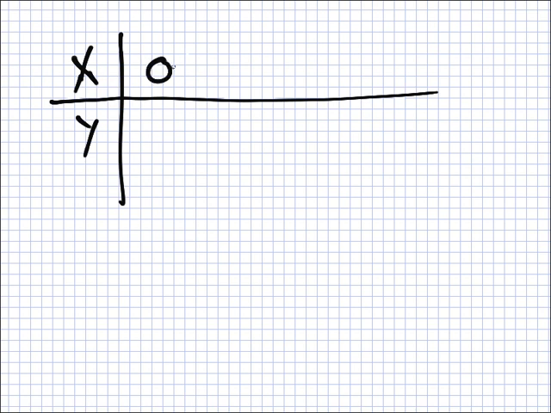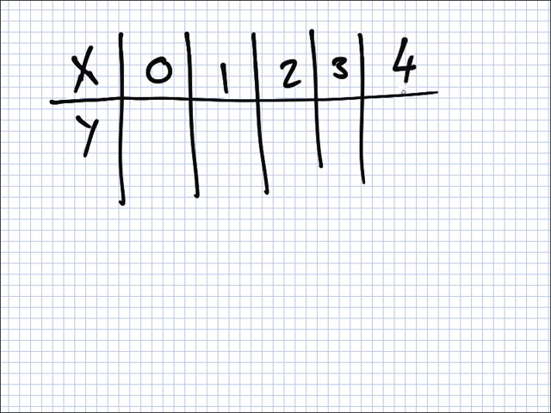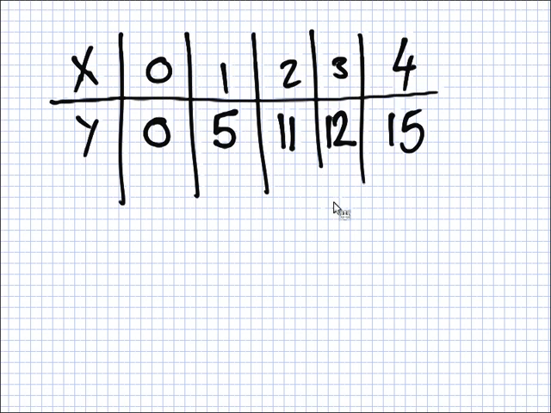I'll say x could be 0, 1, 2, 3, and 4, like this. And we'll say y is 5, 11, 12, 15.